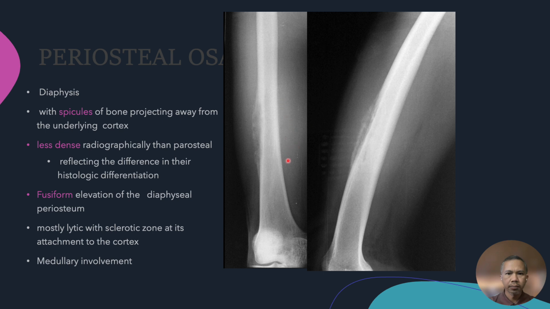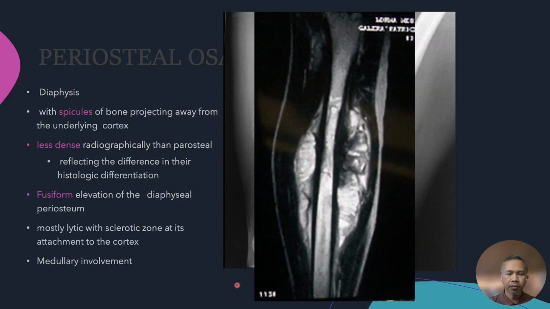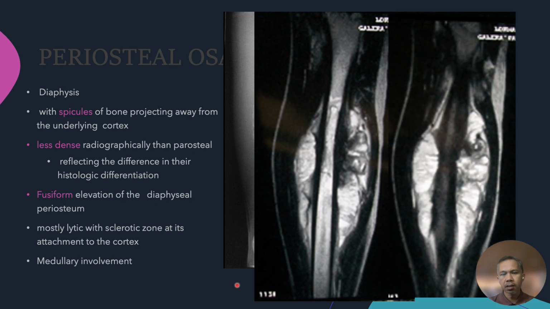This one. They are less dense than parosteal osteosarcoma. There is always involvement of the medullary canal. As they behave as intermediate grade, the treatment is the same as the conventional osteosarcoma. If you look at the MRI, you notice how extensive it is.